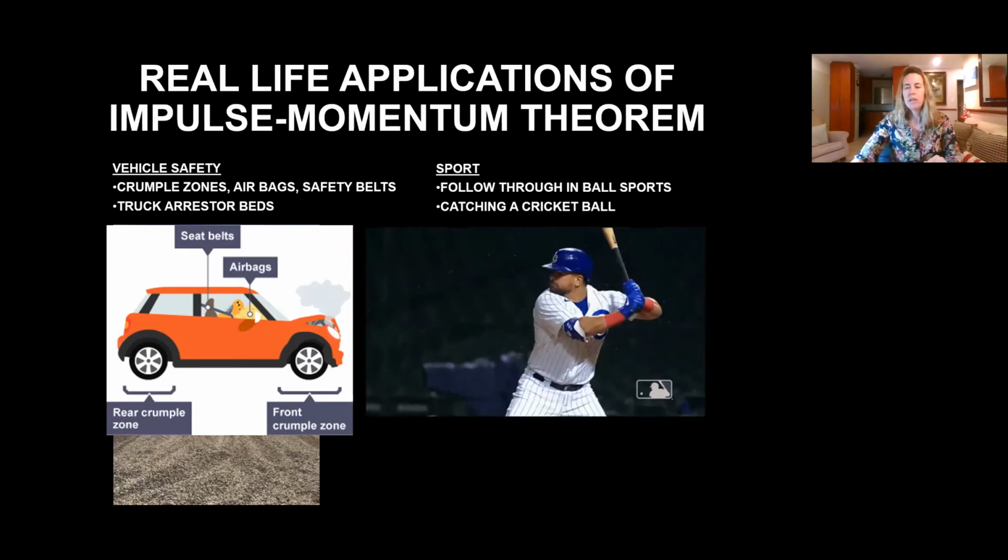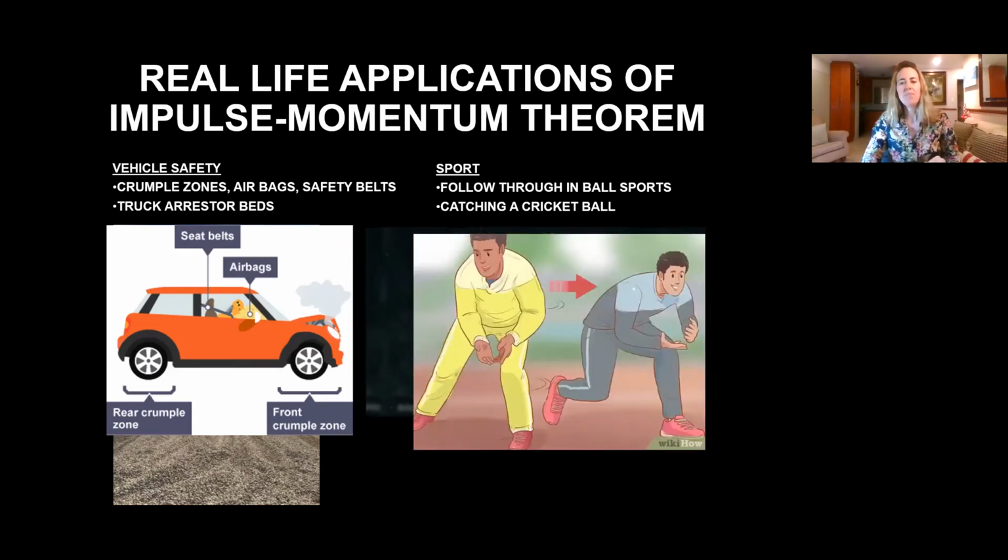Catching a cricket ball, you would have seen that if anyone does fielding and catches a cricket ball, they always move their hands with the direction of that hard ball, so that they increase the contact time, that time interval through which the net force acts, which will change the momentum of that ball from some high value to zero.